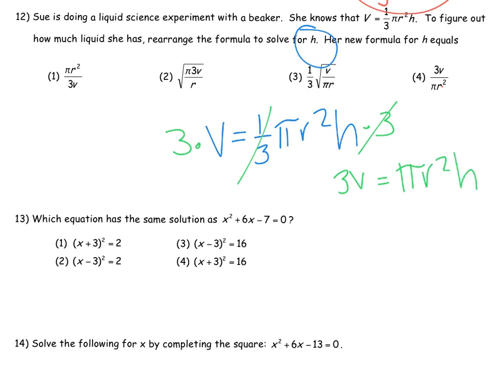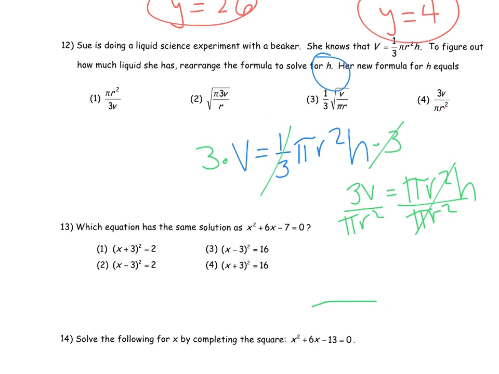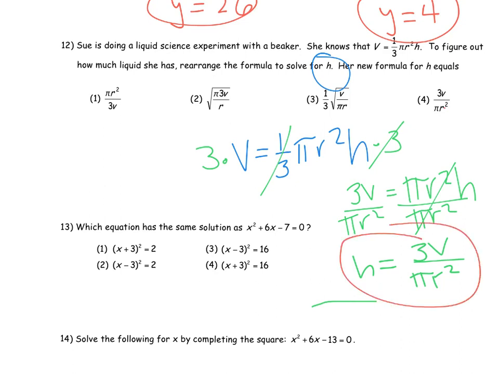And we're getting h by itself, so this is nice and easy. We're going to divide out by pi r squared, and I'm left with h equals 3v all over pi r squared. And we're done. That's it. So my answer is answer choice 4.